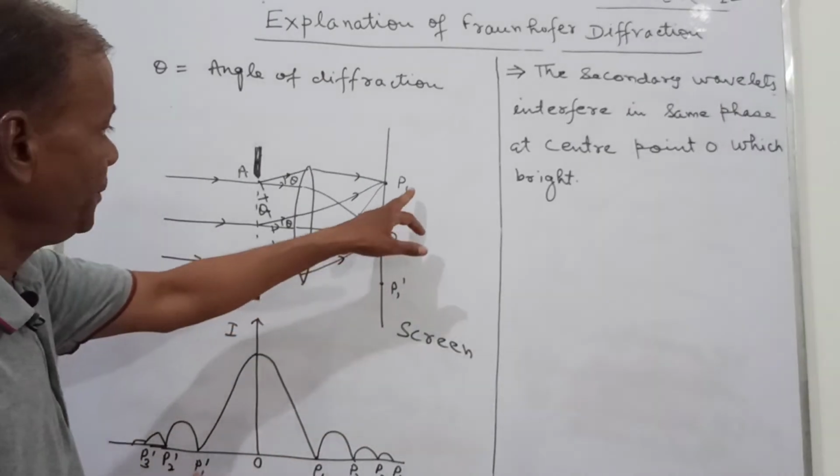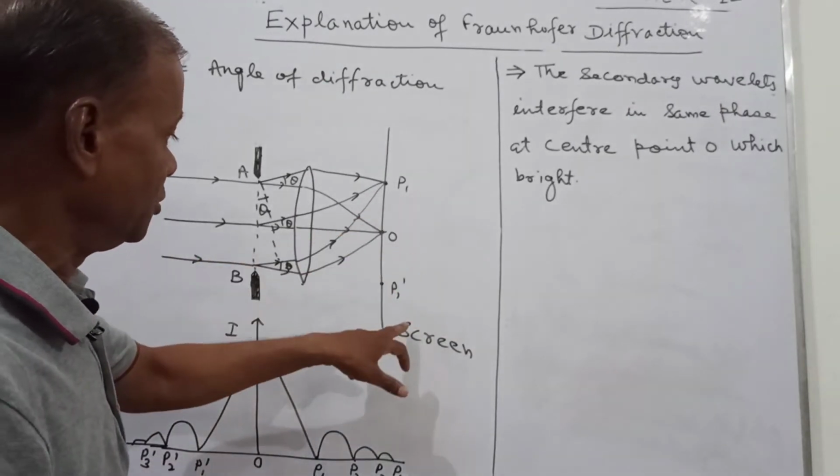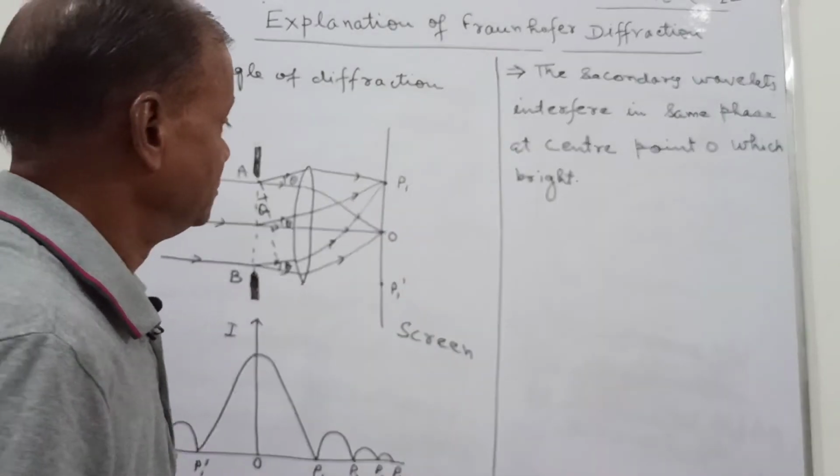So this region from P1 to P1 dash is the bright central fringe.